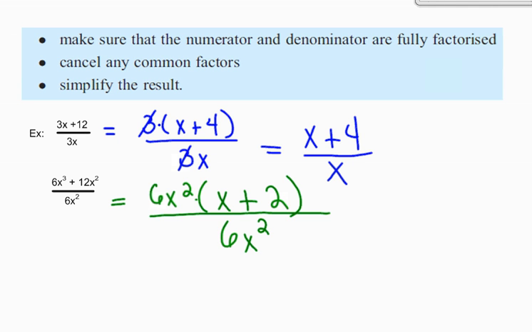So this 6x squared, which is all multiplication, is being multiplied by the factor x plus 2. So because of that, we can cancel our 6x squared, and we're just left with x plus 2 over 1, or just x plus 2. This cancels to 1 and 1.